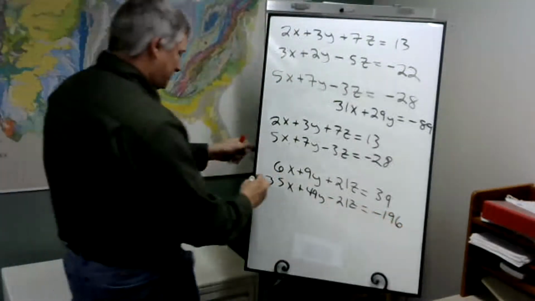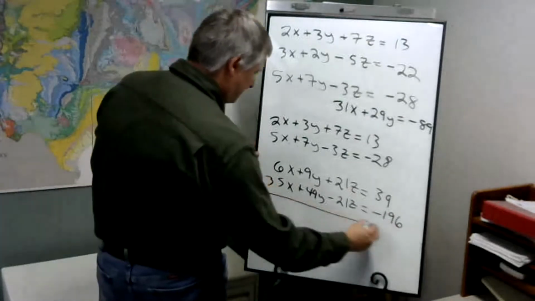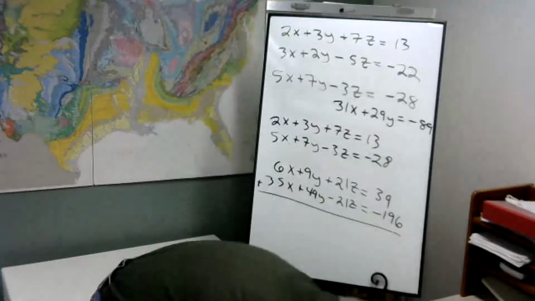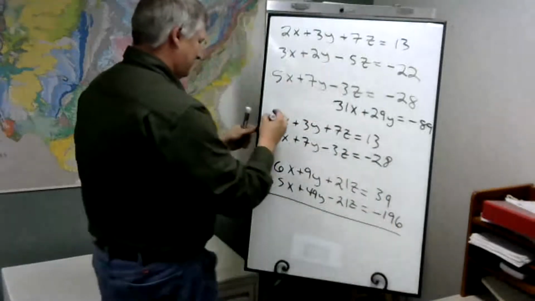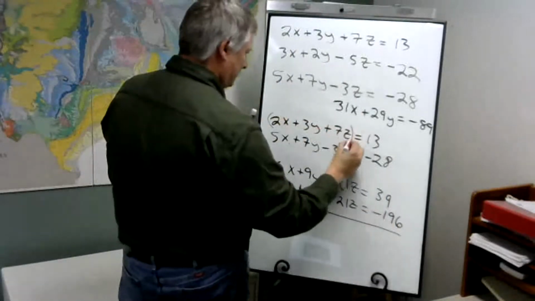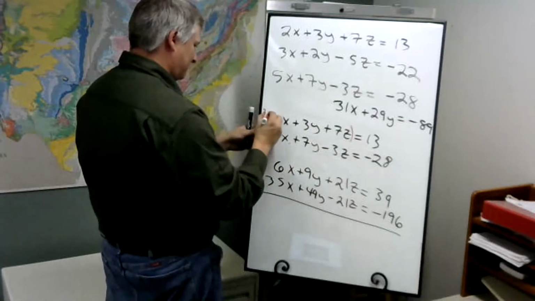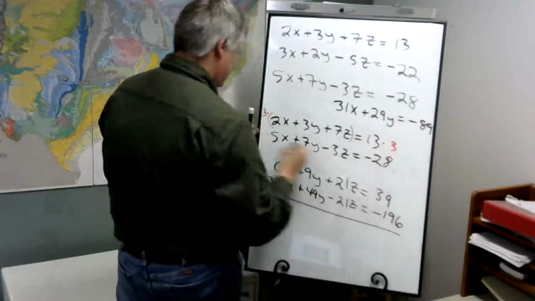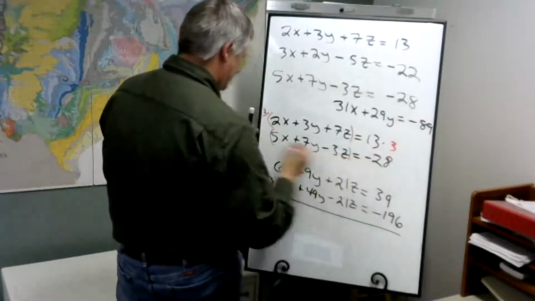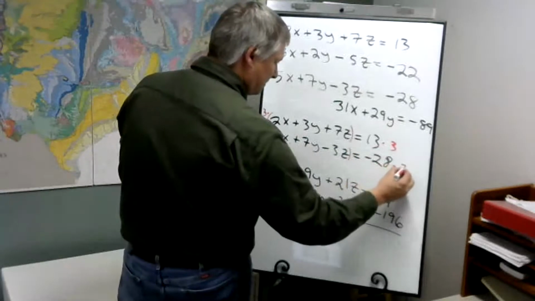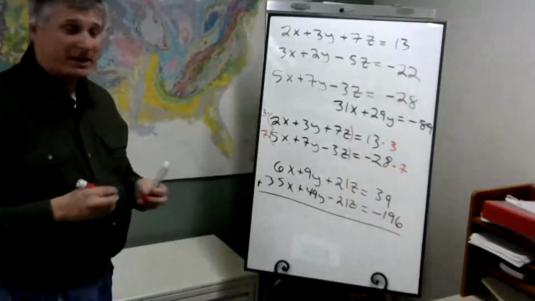So we can add these two together. Again, just to remind, we multiply this one by 3, and this one by 7, and that's how we're getting this.